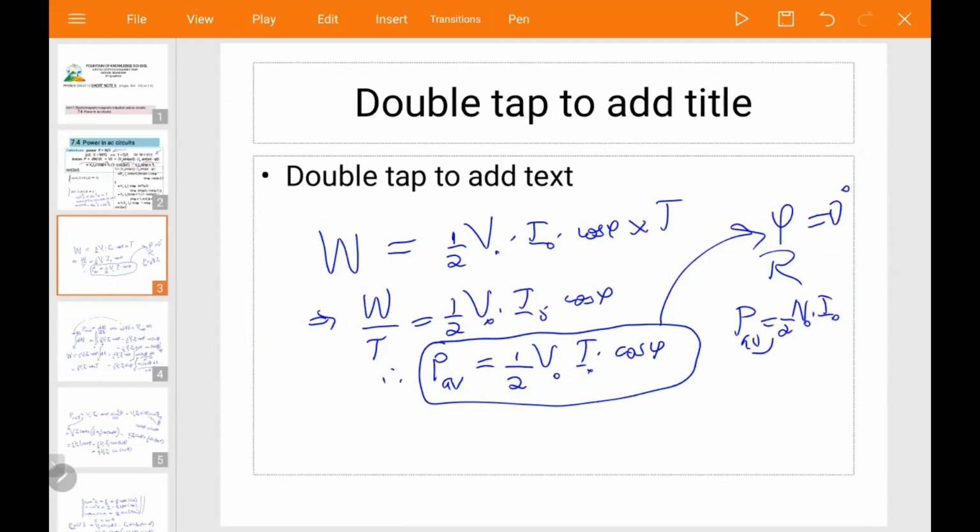And let's discuss something mathematically here. A half means square root of half times the square root of half. So one of the square root of halves I'll take with the voltage. The other square root of half, I'll take it with the current, I0. And the square root of half times V0 gives you RMS voltage.